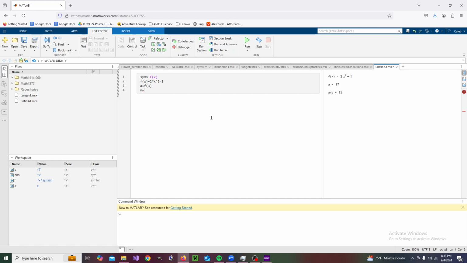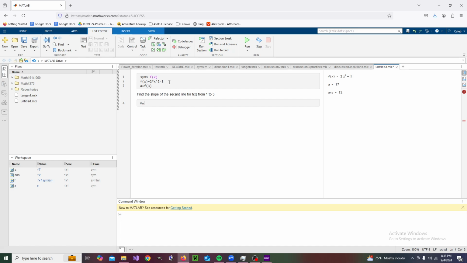Well, let's say I wanted to find the secant line from, and let me type this out, find the secant line from, let's say, 1 to 3. And we're specifically wanting to find the slope of the secant line.